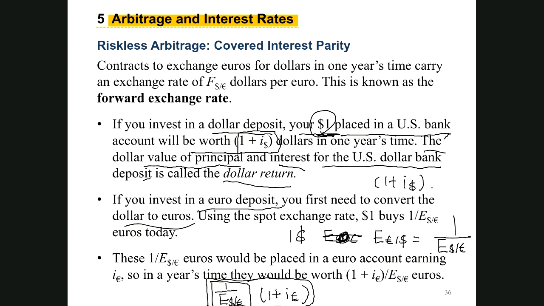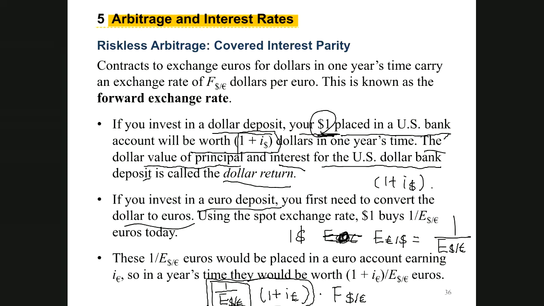But you need to convert it back to the US dollar, right? But you don't know exactly what the exchange rate will be at that time. So we use the future exchange rate as a representation.